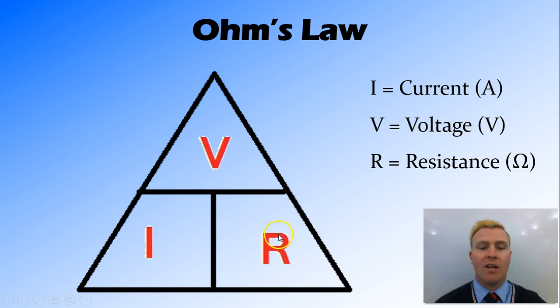If we want to find the resistance, we cover up resistance and it's V divided by I. If we want to find the current, we cover up I and it's V divided by R. So it's a nice, and there's a few laws that work like this, and it's a nice, neat way to rearrange that without actually having to think about maths, as long as you put them in the right spot.